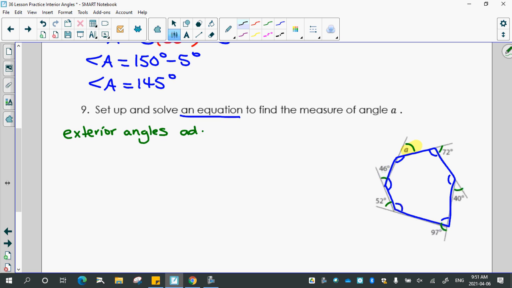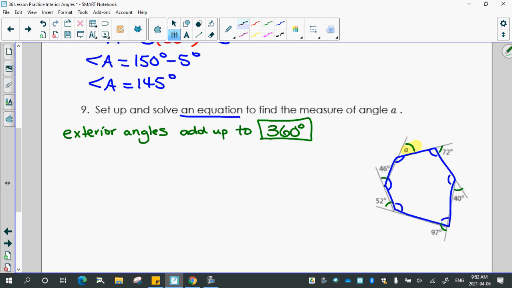Exterior angles, it doesn't matter how many sides the shape has, they always add up to 360 degrees. So that's just something you need to know. In your head, anytime we're dealing with exterior angles, they always add up to 360.